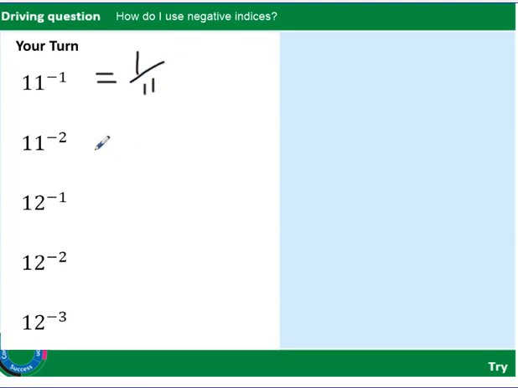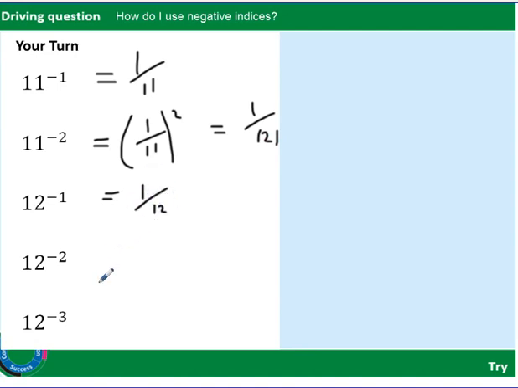1 over 11, 1 over 11 squared, which is 1 over 121, 1 over 12.